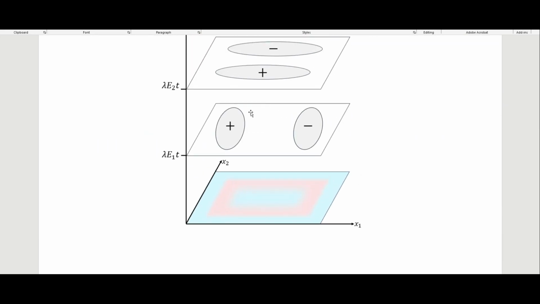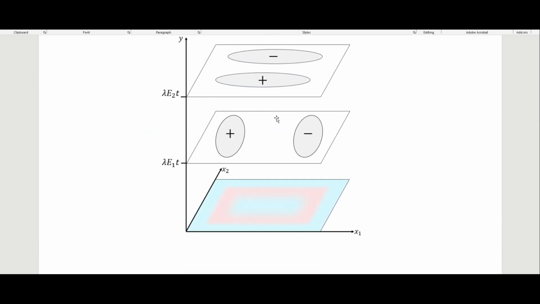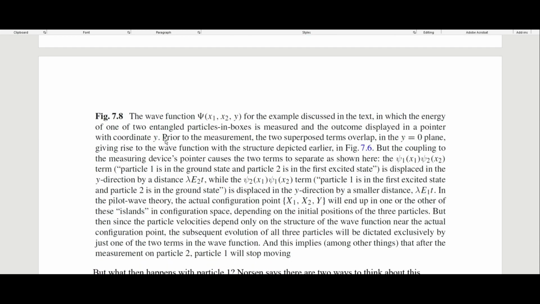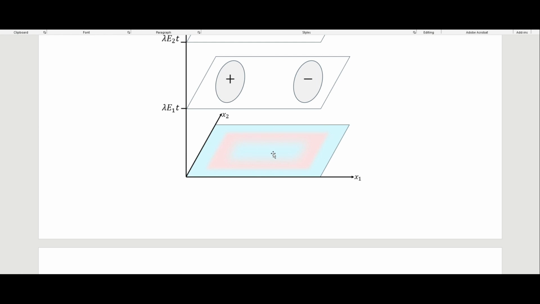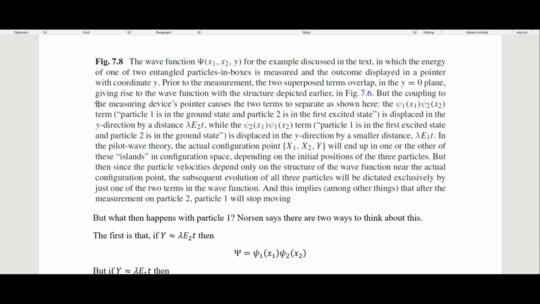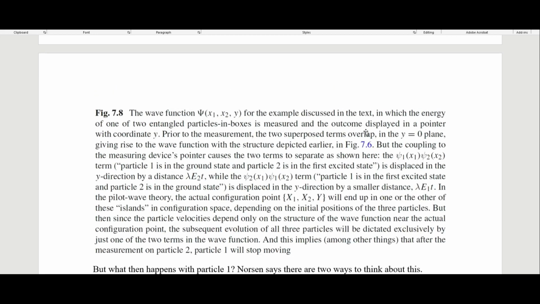So this, again, is adapted from a figure in Norsen's book, and this is actually the description of his figure in the book. I will start reading from here. Prior to the measurement, the 2 superposed terms overlap in the y equals 0 plane. That's what's shown down here, giving rise to the wave function with the structure depicted earlier in figure 7.6.